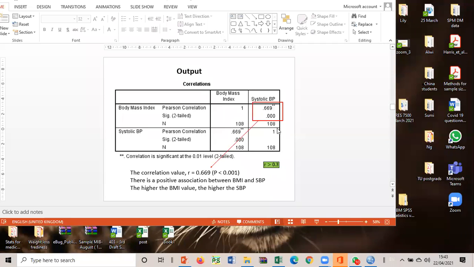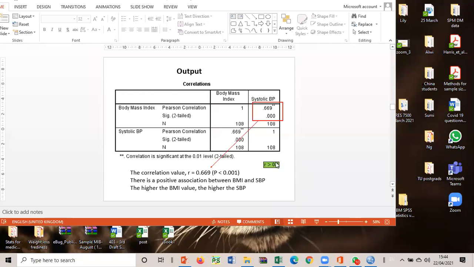Yes. And is it significant? What's the p-value? It's less than 0.001, right? So we state the correlation value is 0.669 and the p-value is less than 0.05. There is a positive association between the two. The higher the BMI, the higher the SBP.